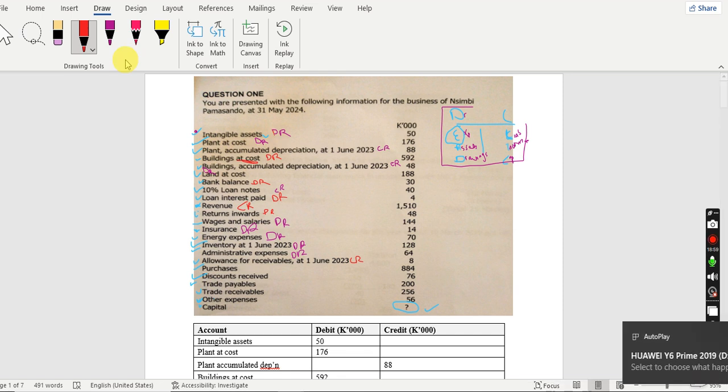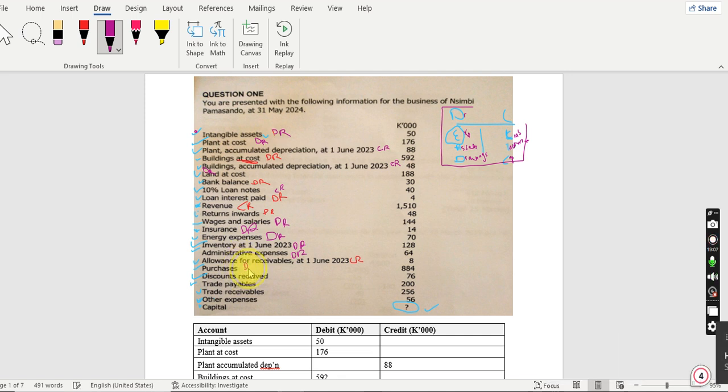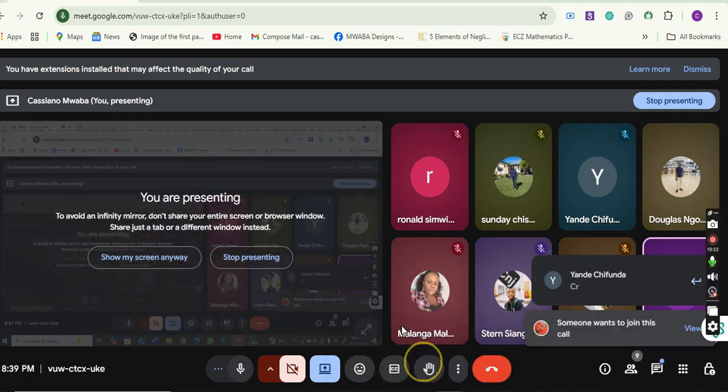Purchases. Debit. Correct. Expense. Discount received, credit, yes.